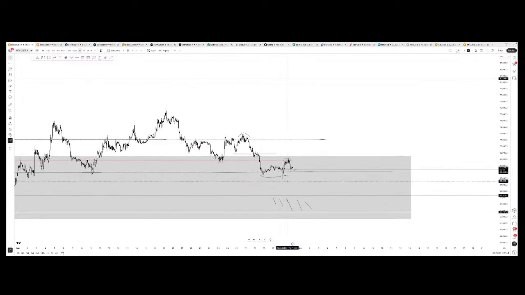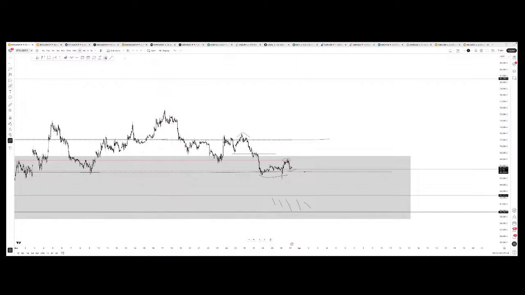For now, what I have in mind is that we're gonna rotate back from here towards 69 at least, something like this, and reject in this specific area back towards 62, 61. This is the play which I am currently looking at.